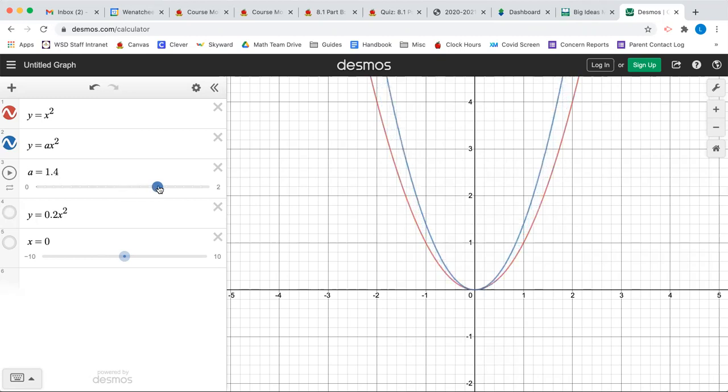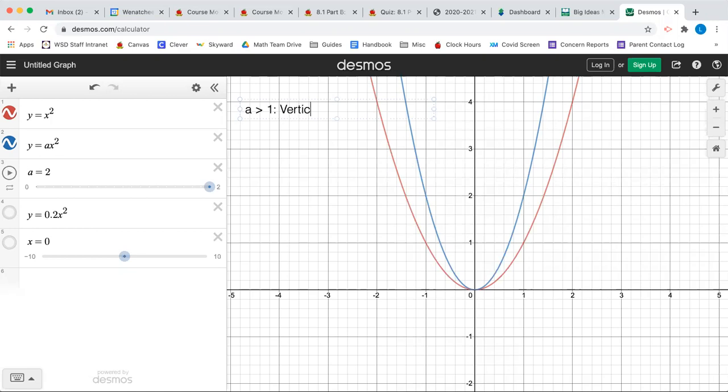And this will remind us of what happens when our a value is greater than 1. It gives us a parabola which you can think of as being more narrow than our parent function, which is shown in red. That is because when our parabola has an a greater than 1, it is a vertical stretch. And a vertical stretch, I like to imagine it's like you sort of pull the parabola upward.